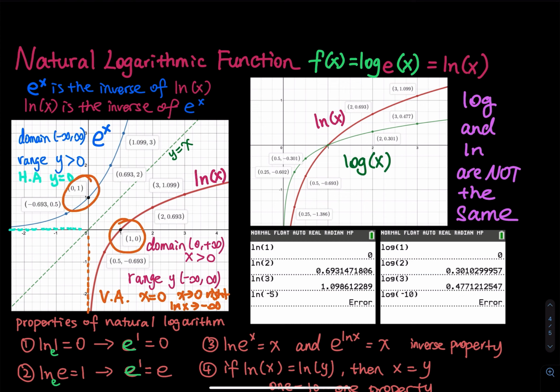Do we agree that from (1, 0) to (0, 1), they swap the x and y? Yep. And then the next point is (2, 0.6) and (0.6, 2). The x and y got swapped. And then (3, 1.09) and (1.09, 3). They swap the x and y. Do you still remember why? Why is this true?